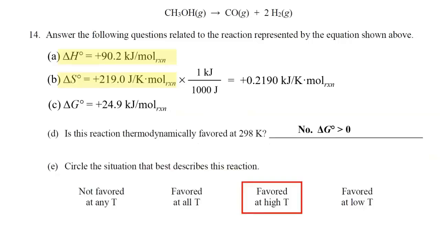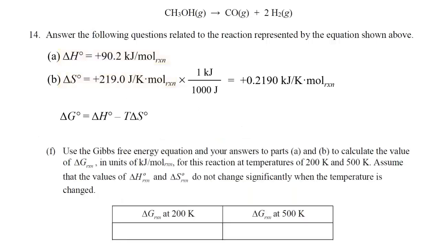Let's take a look at part F of question 14. So in part F, it says use the Gibbs free energy equation and your answers to parts A and B to calculate the value of delta G in units of kilojoules per mole of reaction, but this time not at 298 kelvins, but at temperatures of 200 kelvins and 500 kelvins.